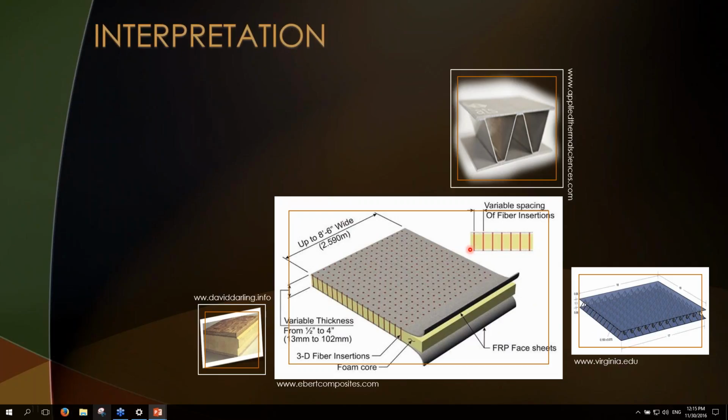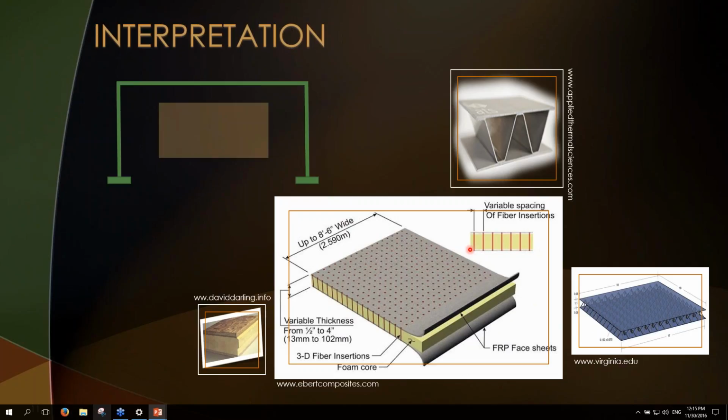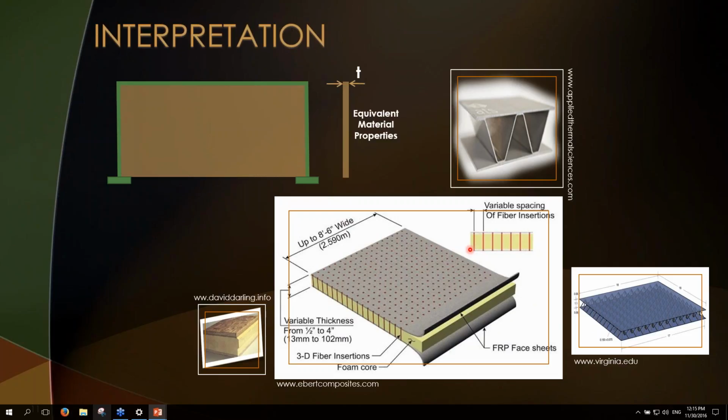But when you want to create an analytical model, no matter what the elements of these walls are, you represent that wall with a simple shell element with equivalent material properties. You simplify, you interpret a shell element that represents that wall.